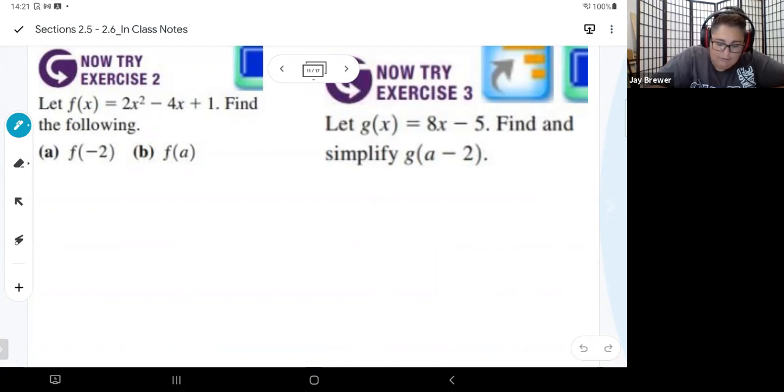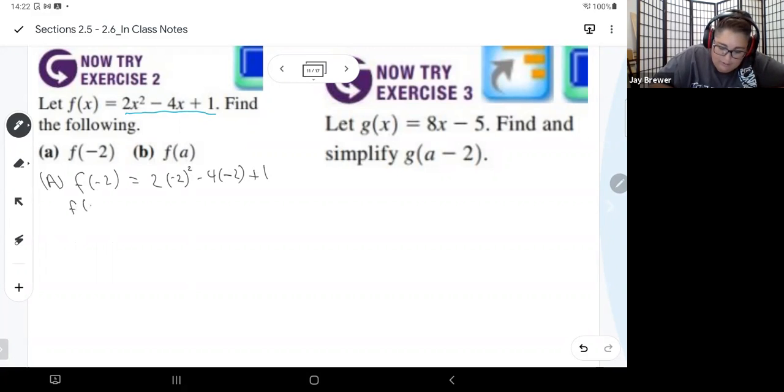So f of x is now going to be 2x squared minus 4x plus 1. For a, we have f of -2, so really the x is -2. So it'd be 2 times (-2) squared minus 4 times -2 plus 1.